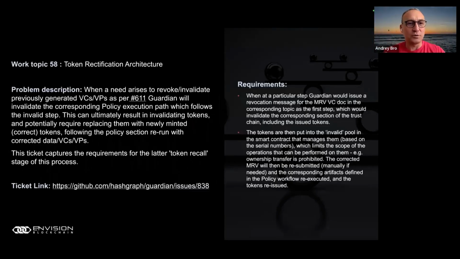If some tokens were issued on the basis of documents or statements that have since been revoked, but the tokens may have been passed on, bought, sold, maybe even retired since, and then the revocation has happened, what do we do with the tokens that were issued? They need to be marked somehow, or there may be some error correction, error tokens issued, or something like that. So this ticket is about deciding what needs to be done and then implementing what we've decided needs to be done in this case.